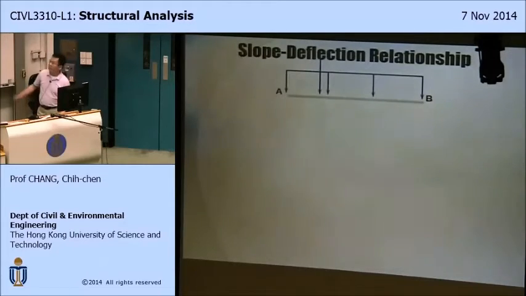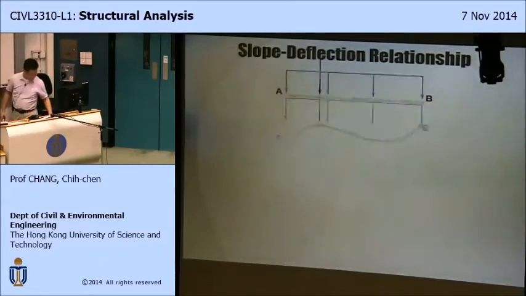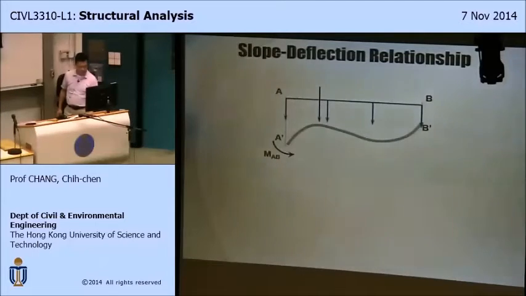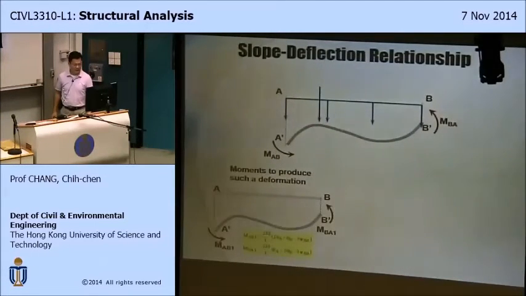We ask ourselves these questions: can we set up degrees of freedom, relate the degrees of freedom to the internal forces? So we go through some sort of derivations and successfully find this relationship that accounts for these conditions. This is how much bending moment is required to bend the structures into producing such deformations.